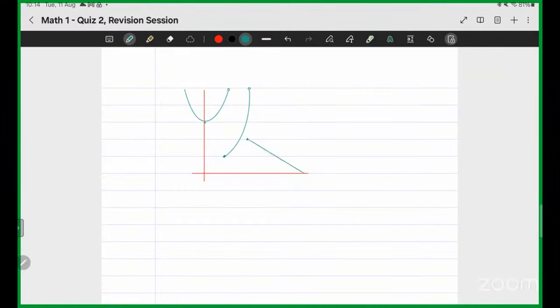So this is at height 6, 4, 2, 0, and here the x coordinate is 2, 4, and all the way up to 10.